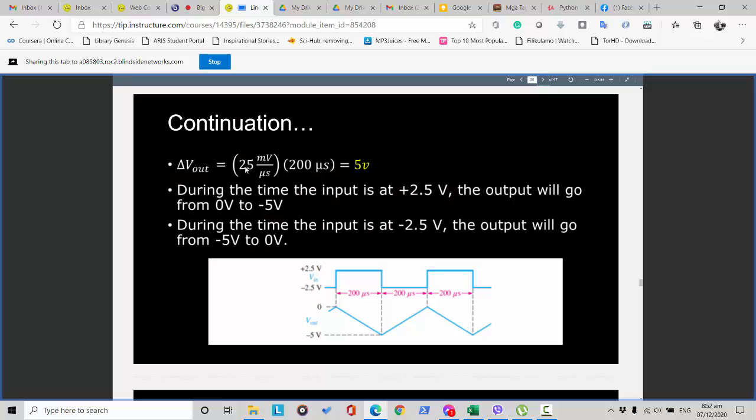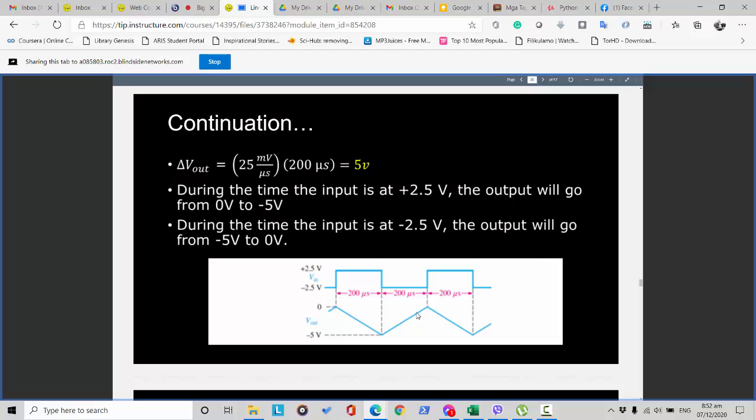So we will obtain that the change for the voltage output will be 5 volts. So this will be our answer. And that means that during the time the input is at 2.5 volts, the output will go from 0 volts to negative 5 volts. Okay? And while the input is at negative 2.5 volts, the output will go from negative 5 volts to 0 volts.